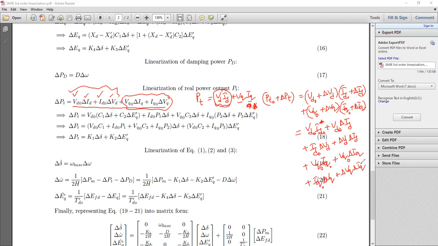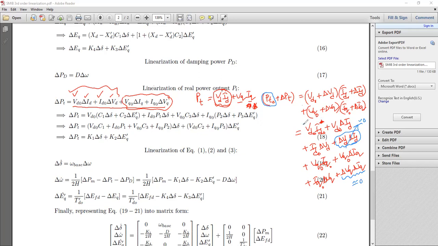Now tell me what is next. So del VD del ID and del VQ del IQ should be 0, as both of them are close to. This is one way. Another way is this. Because these are multiplication of two small deviation variables, these are very negligible, so this can be approximated equal to 0.